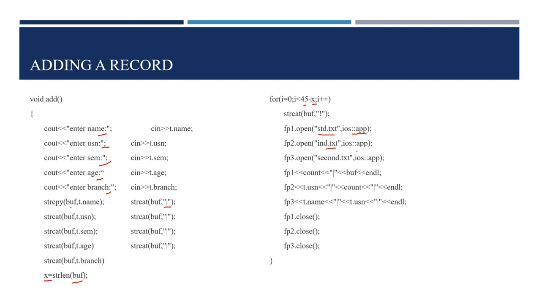Then similarly the index file will also be opened in append mode, and the secondary file is also opened in append mode. Append is used because we already have a number of records within a file. For that file, a few more records are to be added. We are adding new records.